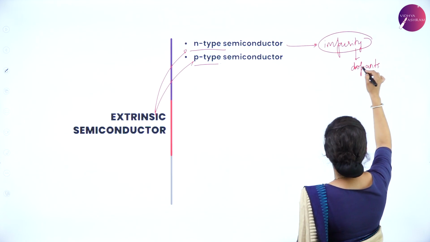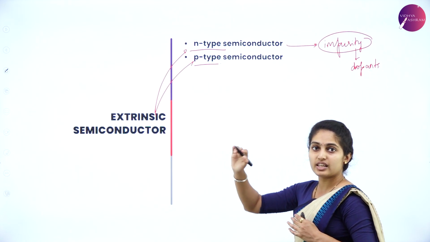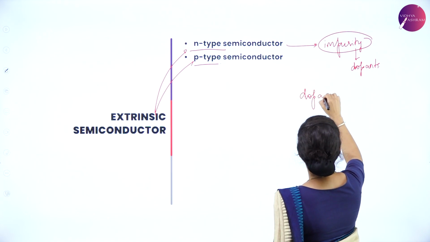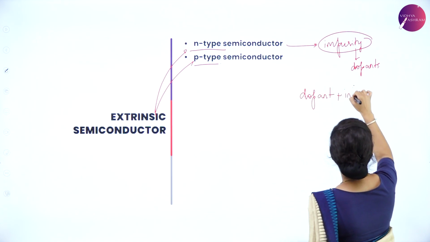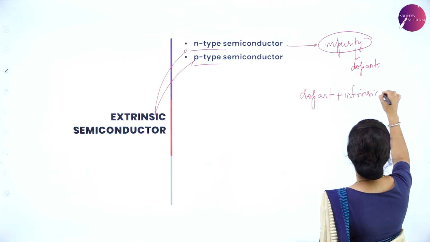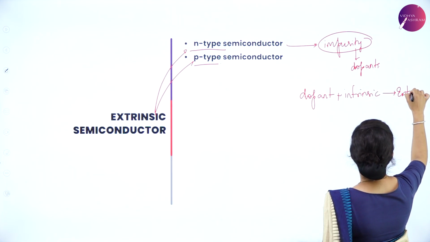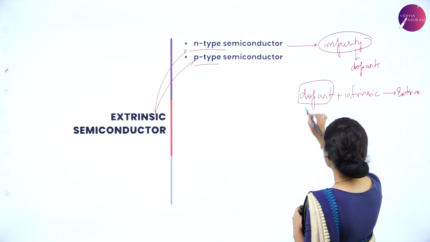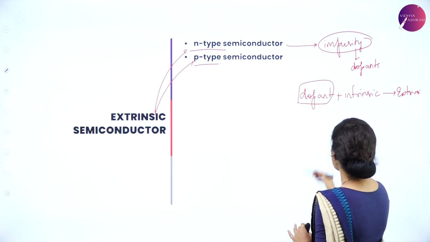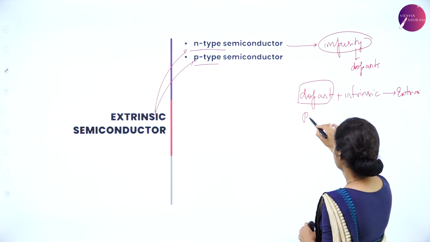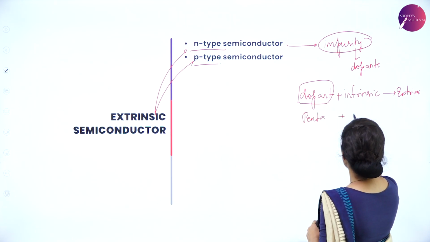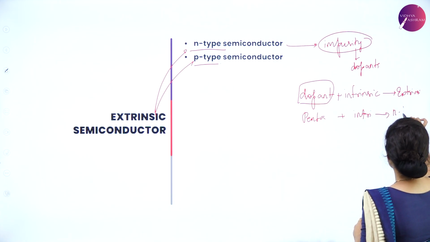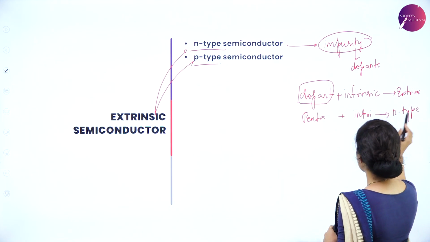So adding a dopant to an intrinsic semiconductor gives you an extrinsic semiconductor. What dopant you add to the intrinsic semiconductor matters. Suppose you add pentavalent impurities to intrinsic semiconductors, it gives you N-type semiconductors, that is, extrinsic.